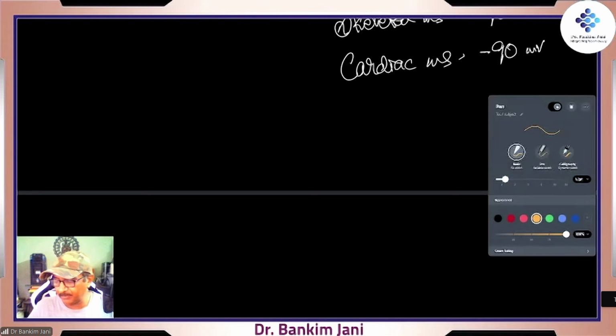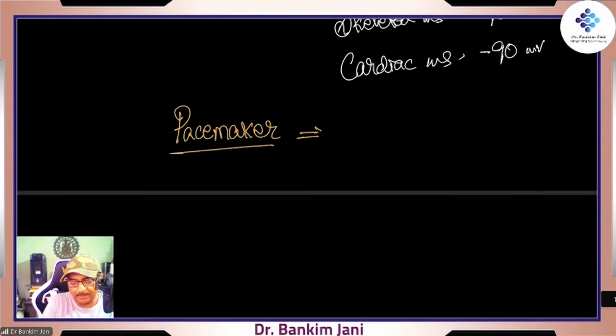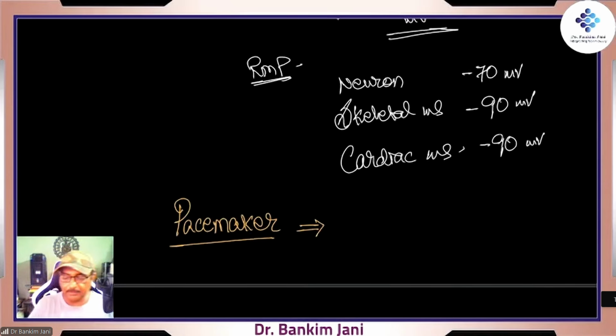There is something we need to know about the pacemaker. Every muscle can rest. In some of the nerves, there is no conduction. In some of the skeletal muscles, if there is no activity, they are lying, not doing anything.